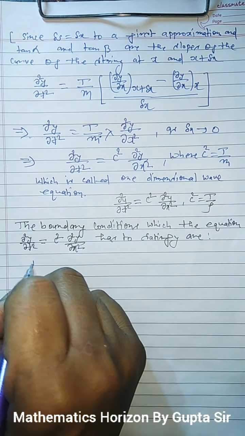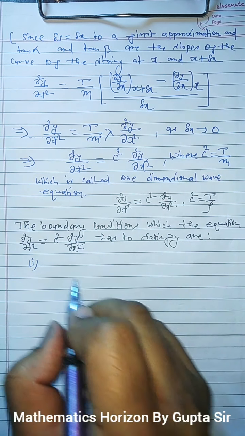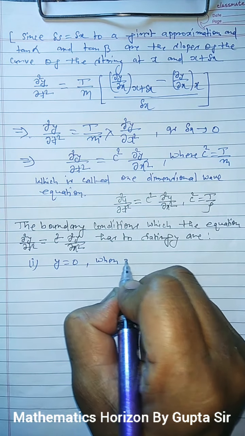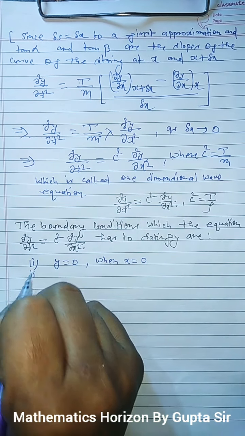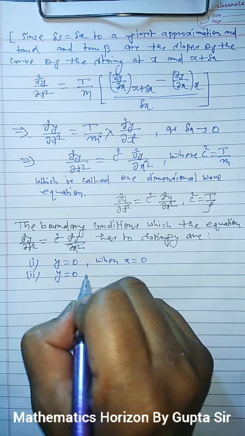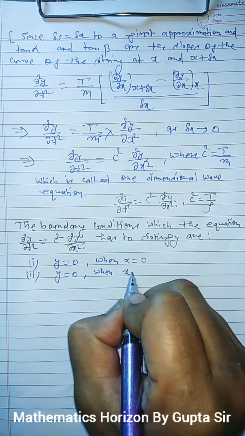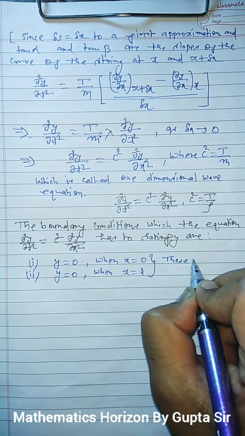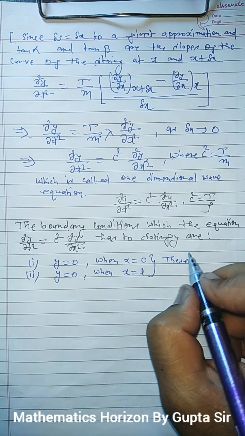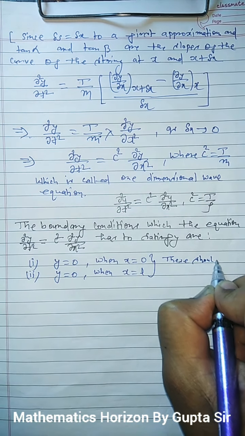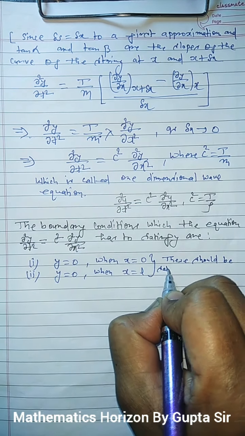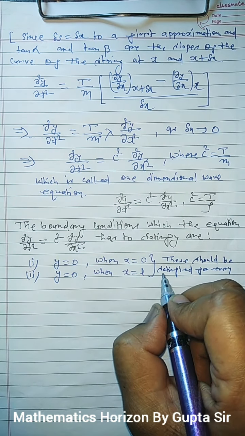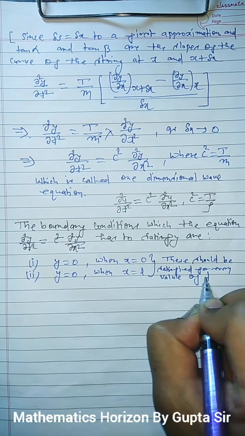Now, number one, y equal to 0 when x equal to 0, and number 2, y equal to 0 when x equal to L. Means these two conditions should be satisfied for every value of t.